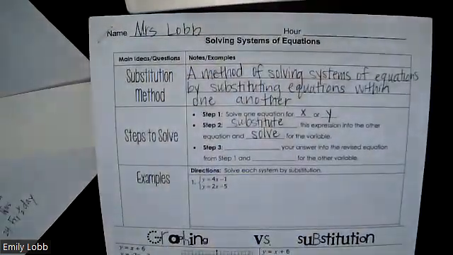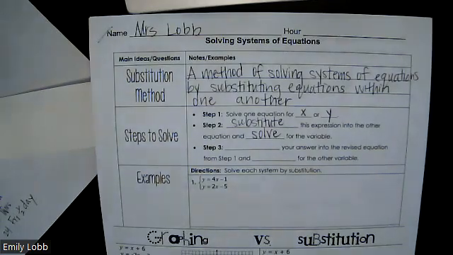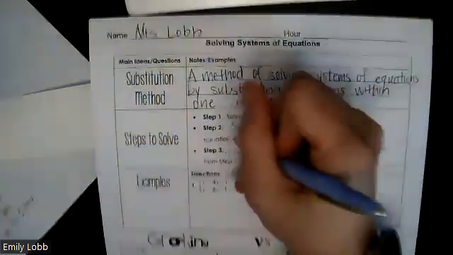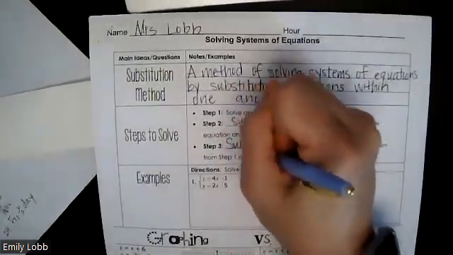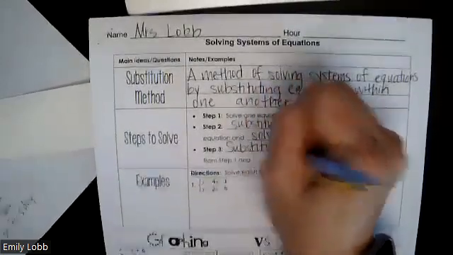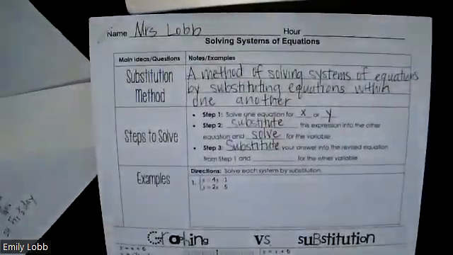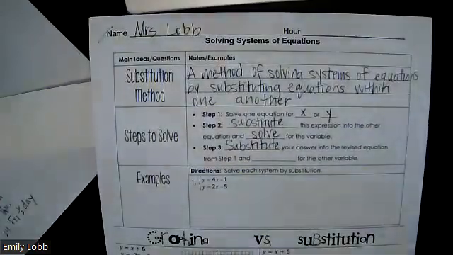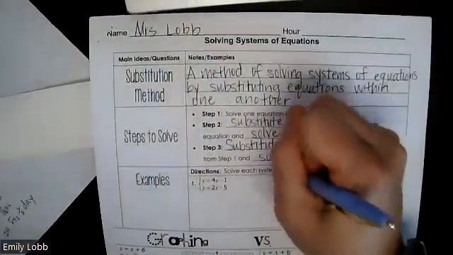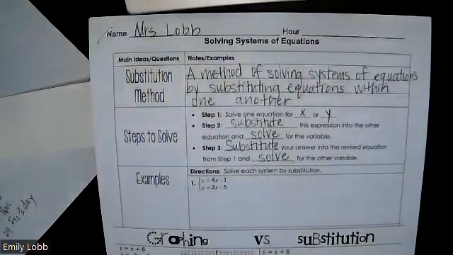So that is the pattern. Once we've solved for one equation or the other, we're going to substitute and solve. Then we're also going to substitute that answer into the revised equation from step one and solve for the other variable. Right?